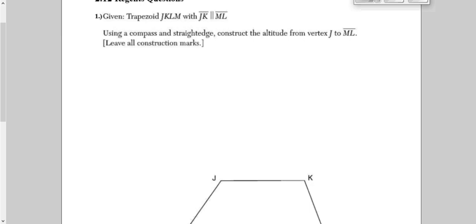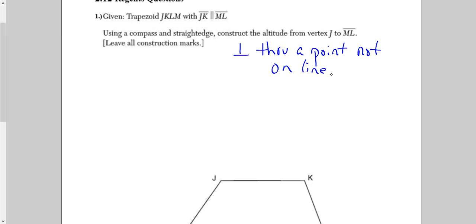So the altitude's going to be just the construction for perpendicular through a point not on the line.